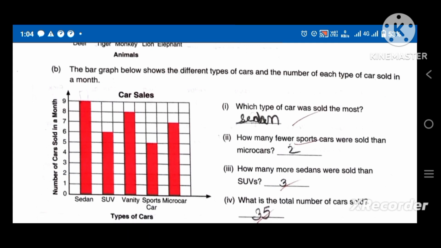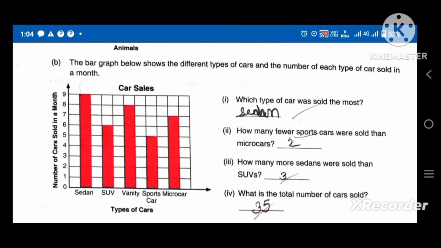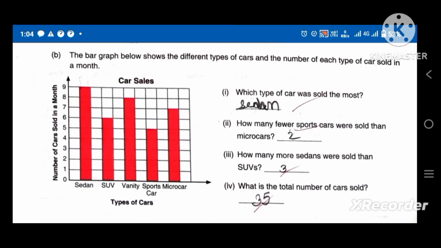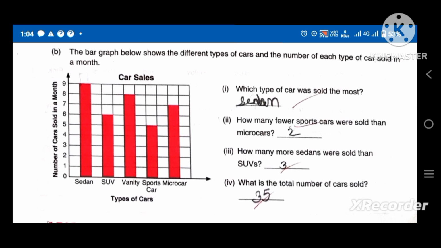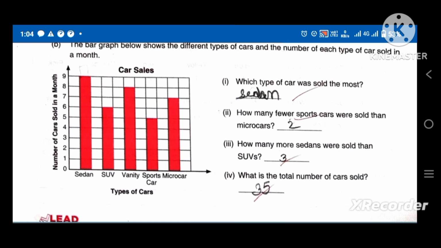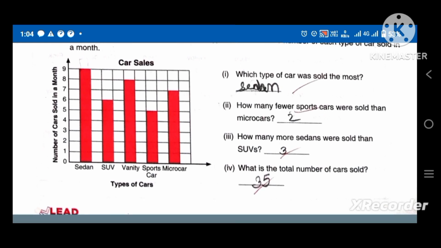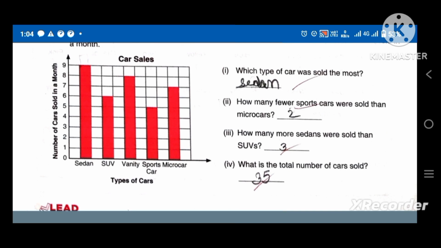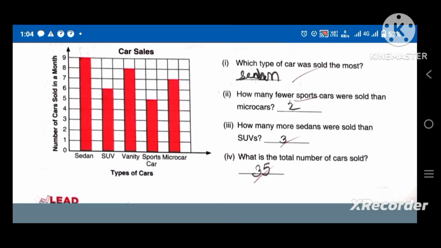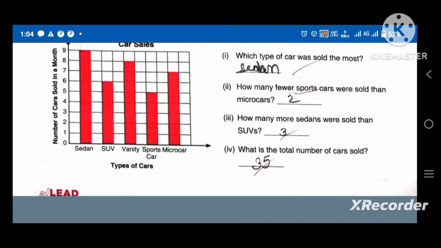Type of cars in horizontal, number of cars sold in a month in a vertical line. Sedan, SUV, sports car, microcar, these are the car names and their number sold is in vertical. First question, which type of car was sold the most?